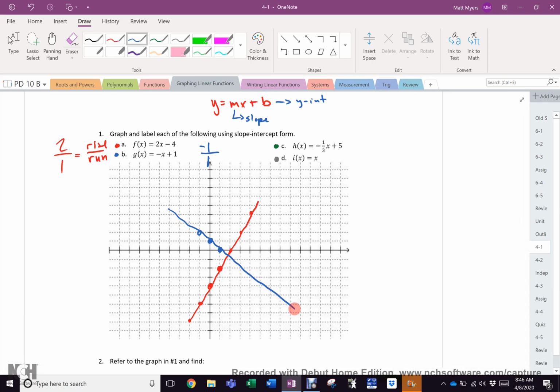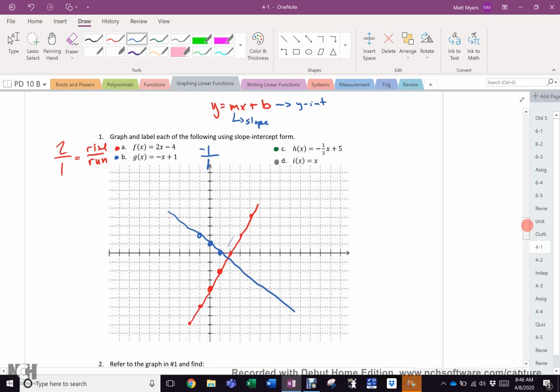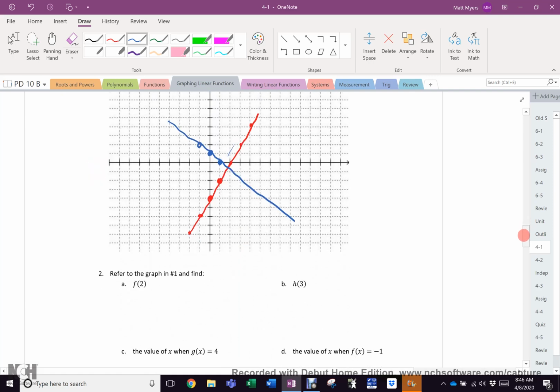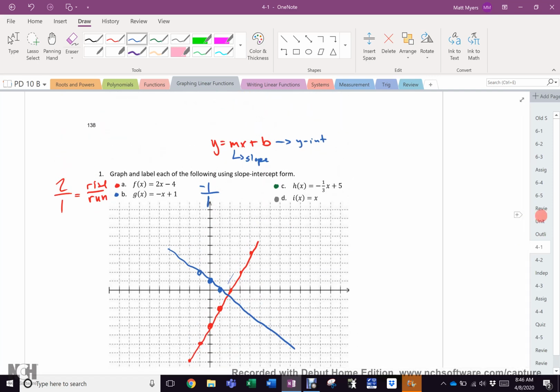Now, I don't want to put the other 2 on here because it gets a little messy. So I'm going to, no, I will leave them on there. Green line, 5. 1, 2, 3, 4. 1, 2, 3, 4. 5. My slope is -1/3. So down 1, right 3.